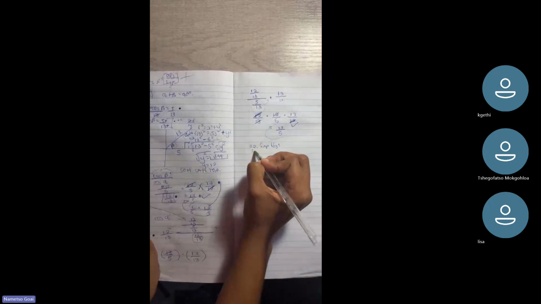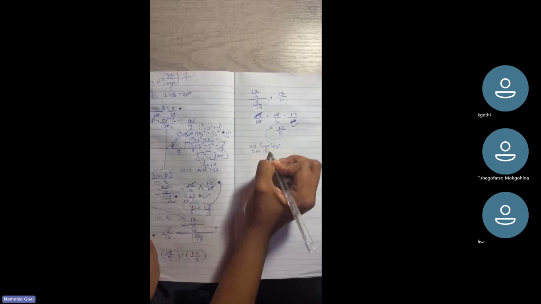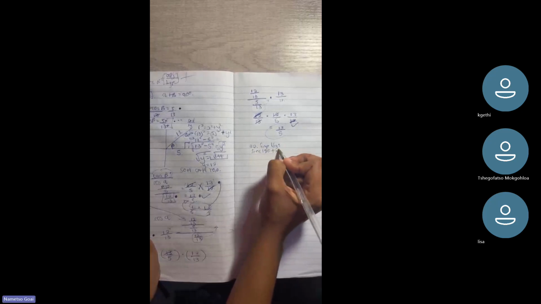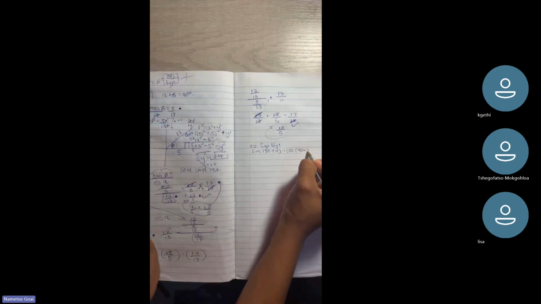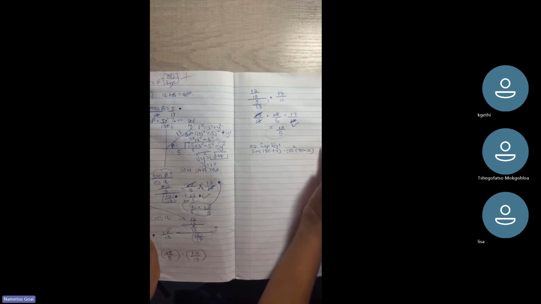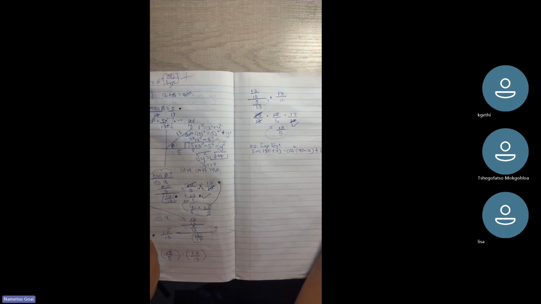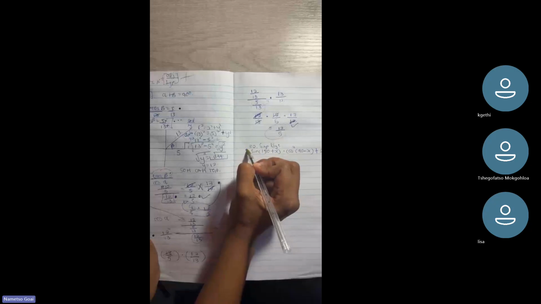Simplify what? Simplify sine of 180 plus x multiplied by cos 90 minus x squared plus sine of negative x multiplied by cos squared 180 minus x. So how did you go about this one?